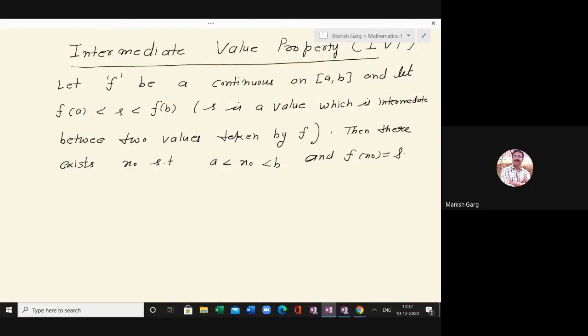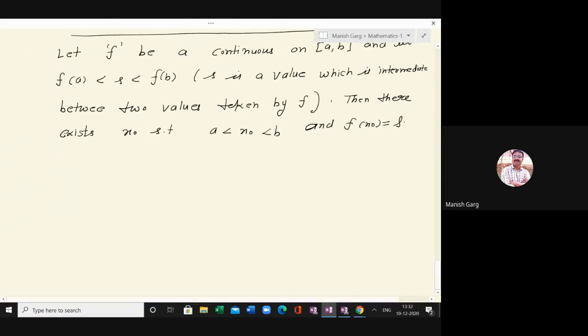If f is continuous and S lies between f(a) and f(b), then there exists a point between a and b such that the value of the function at that point is S.